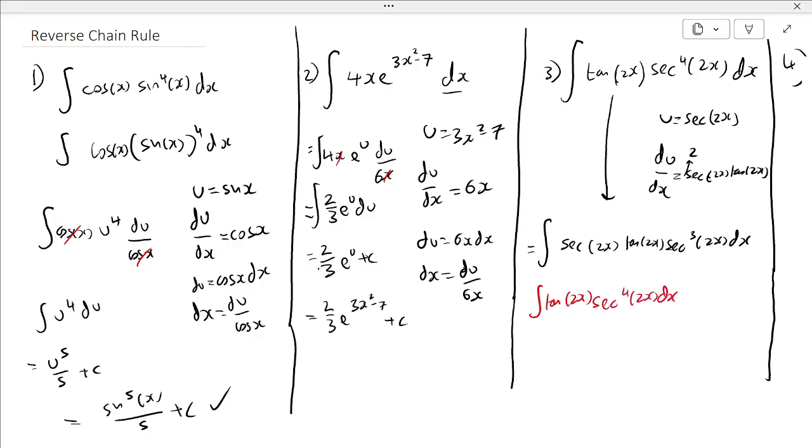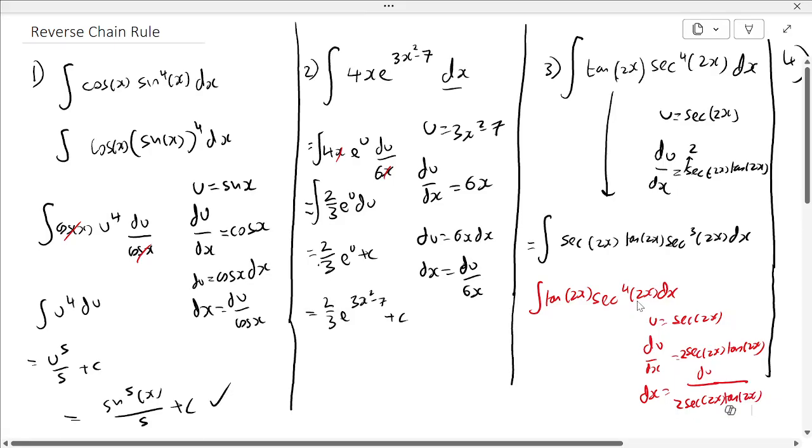You would say, okay, well, u is sec 2x, du by dx, I've already written all this, 2 sec 2x tan 2x. So dx is going to be du over all that. Okay, so I rewrite, right?